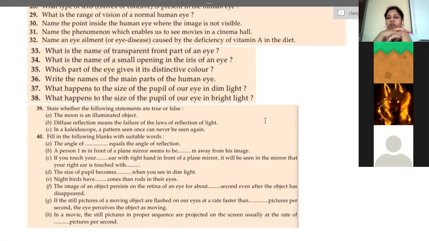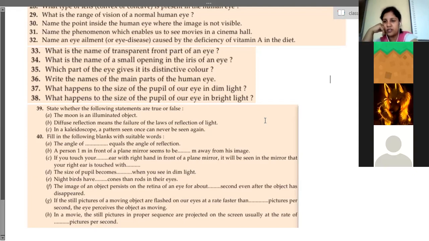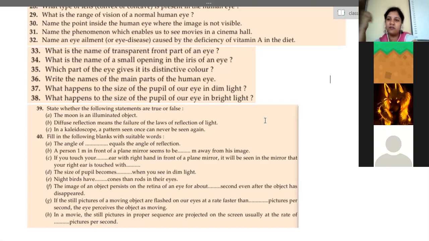Because the particles are not fixed. Whatever glass bangles or things you are adding, will they form the same figure again? No, ma'am. They are movable particles. They are not fixed, not attached. So however they form, the same figure cannot be formed. So, the statement is true.